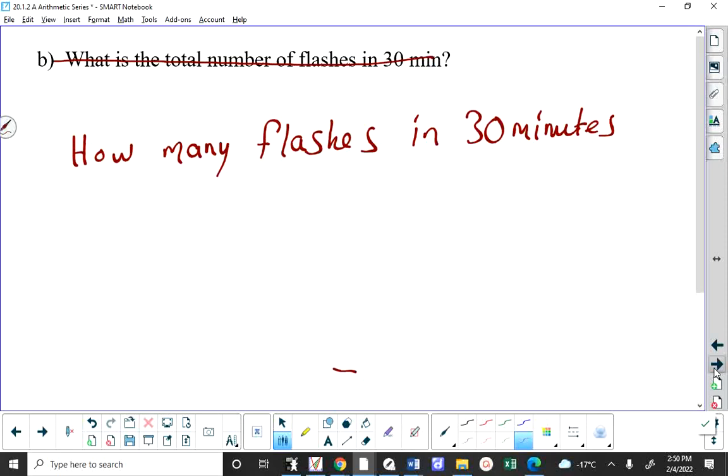I'm not saying here how many flashes in the 30th minute. I'm saying how many flashes in 30 minutes. And that means we have to add up all the flashes in the first minute plus all the flashes in the second plus et cetera, et cetera. A was asking us to find T30. B is asking us to find S30.